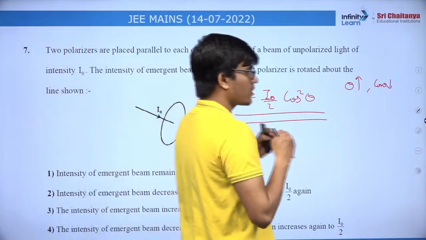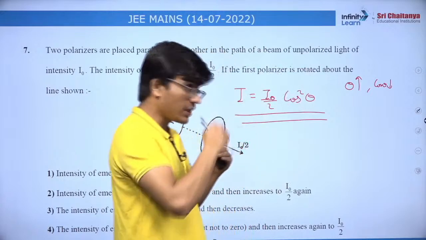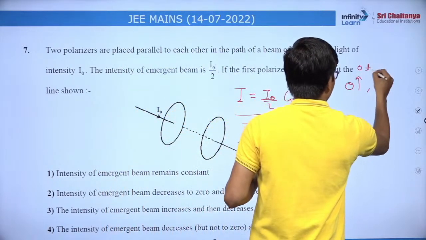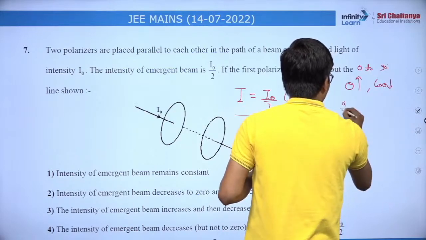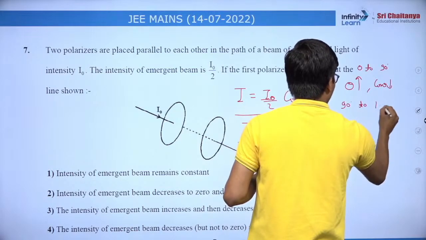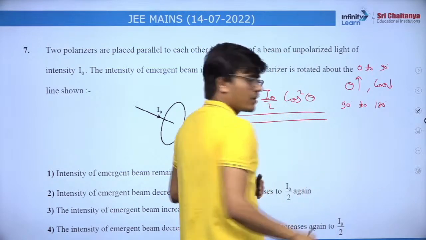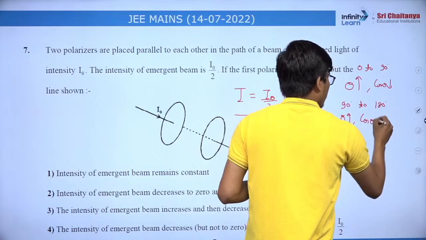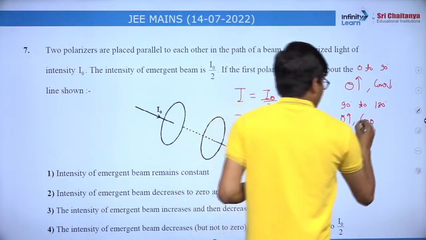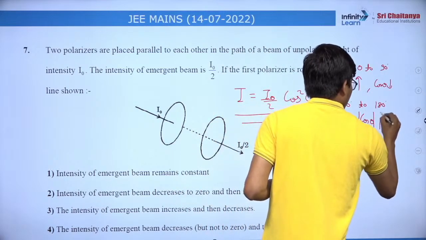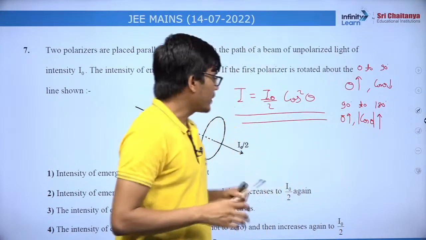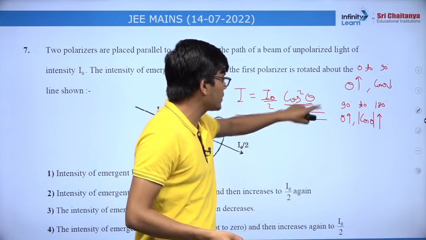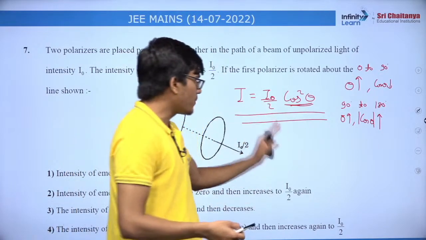Let's say you are increasing the angle from 0 to 90 degrees. But what about after 90 degrees, from 90 to 180 degrees? If you increase theta, cos theta still changes, but its magnitude will increase. I talk about magnitude because we just need cos square theta, which is positive.